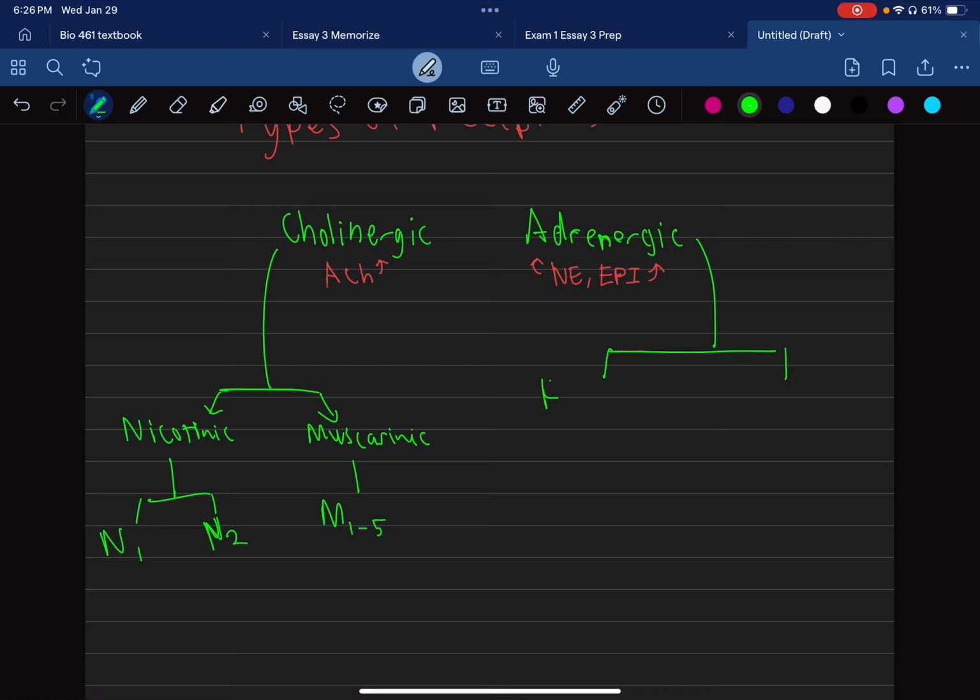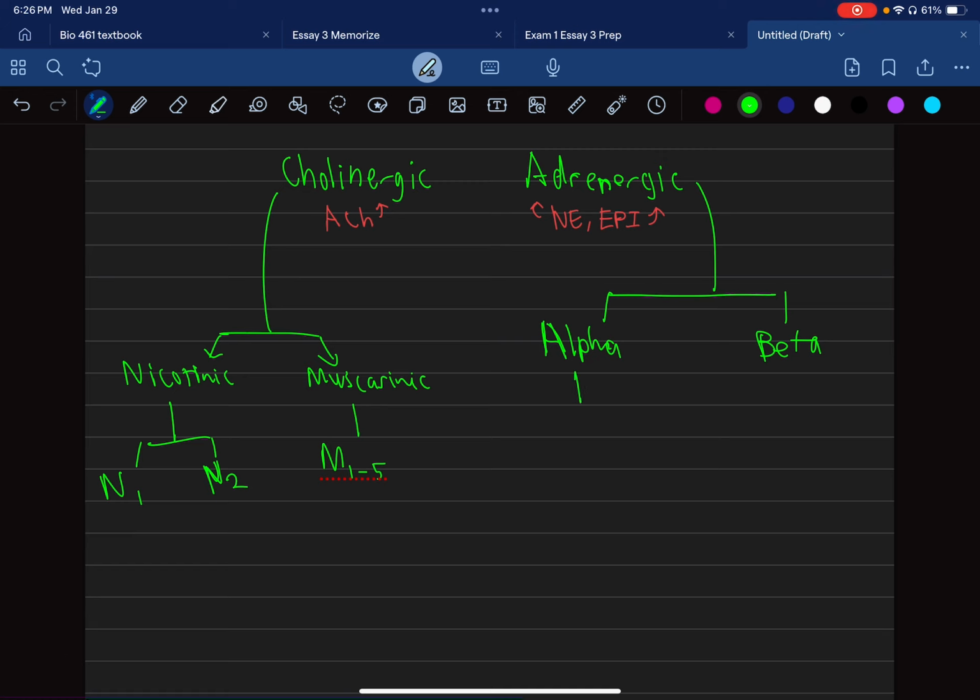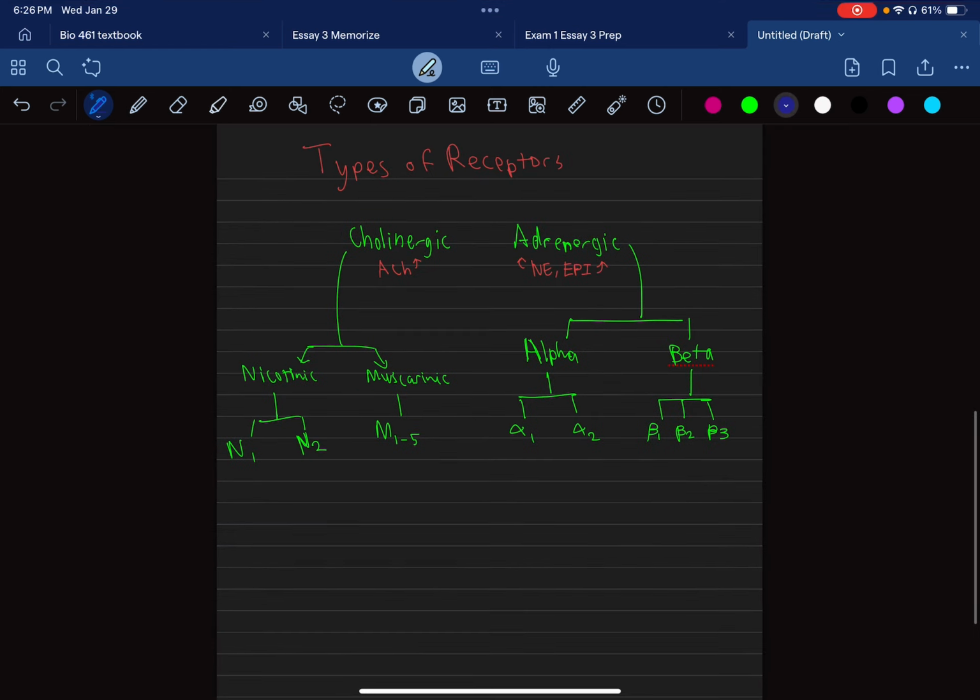We've got alpha and beta. Alpha is going to be split into 2, alpha 1, alpha 2. Beta is also going to be split into 3. And then a couple similarities and differences here.